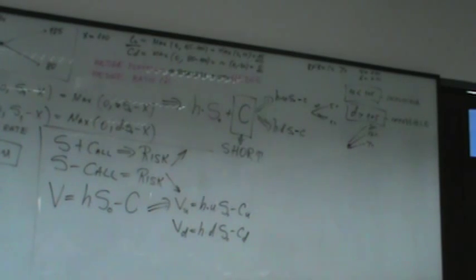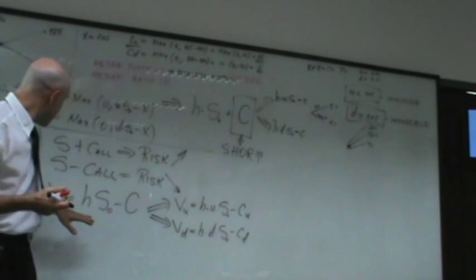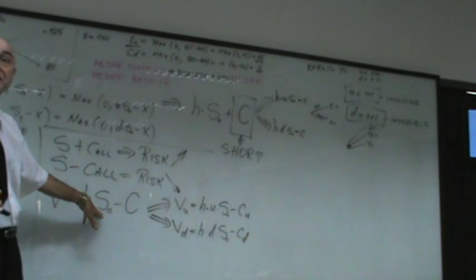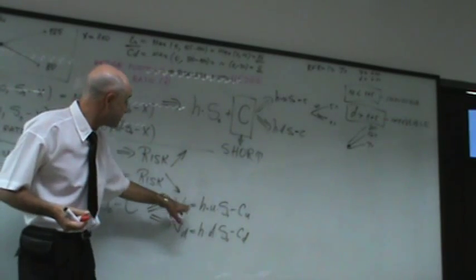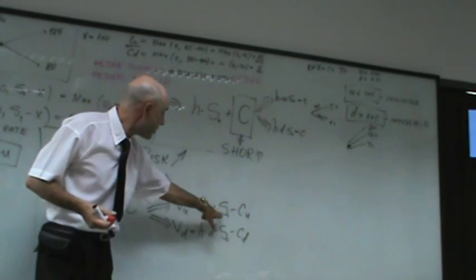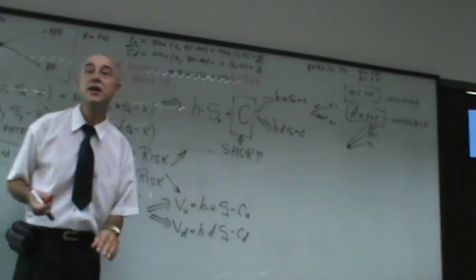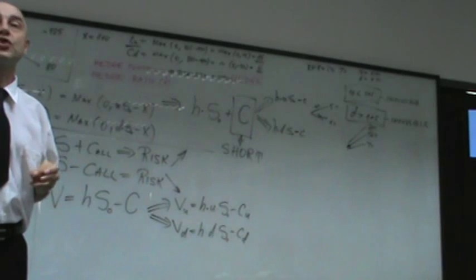Is this fairly clear so far? So the value of the portfolio is simply H times the share minus the call, shorting the call. If it goes up, it becomes H times US0 minus C_U, and this one is H times DS0 minus C_D. And now we do a trick.